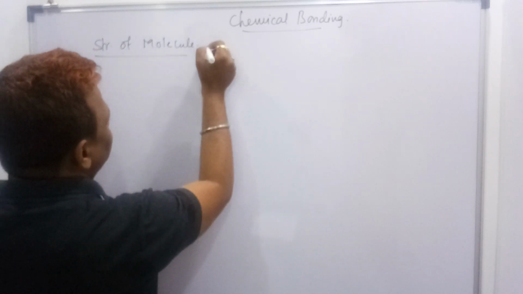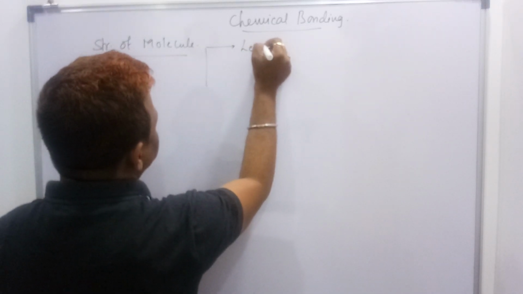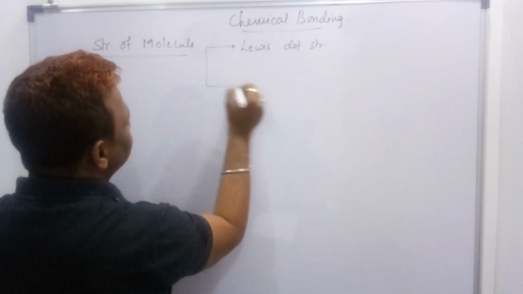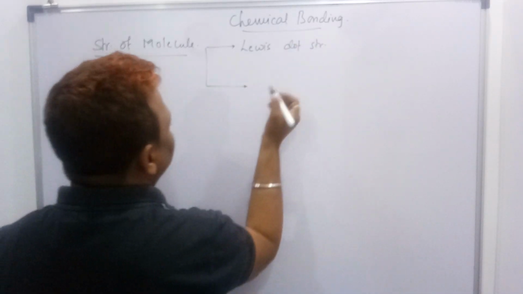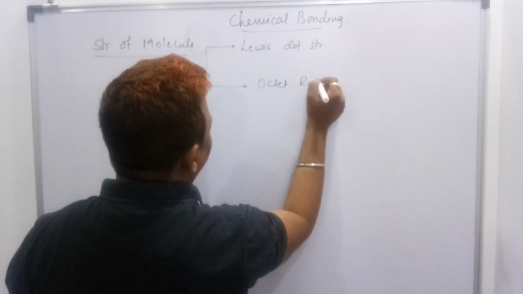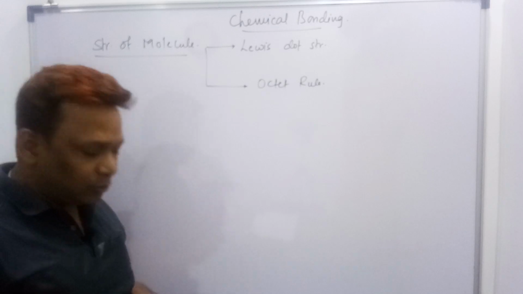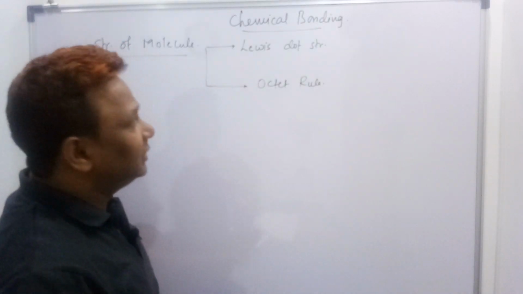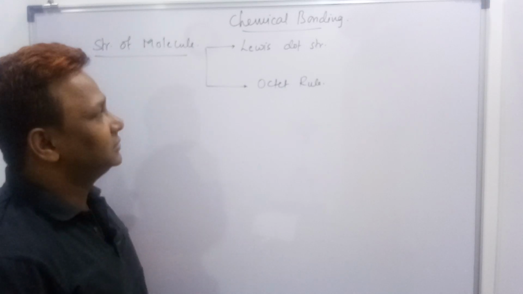The first concept is called the Lewis dot structure: how to draw the Lewis dot structure of any molecule, and what we mean by the octet rule or octet configuration. If you know both these topics, the Lewis dot structure and the octet rule, then we are able to draw the structure of molecules.